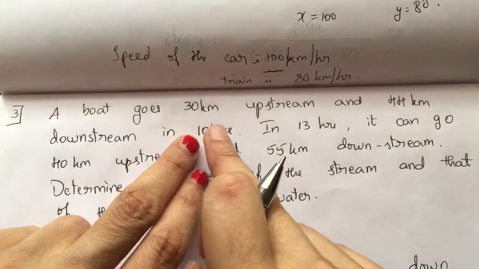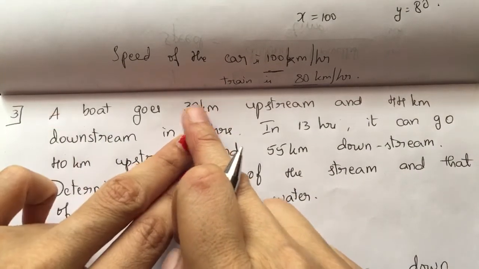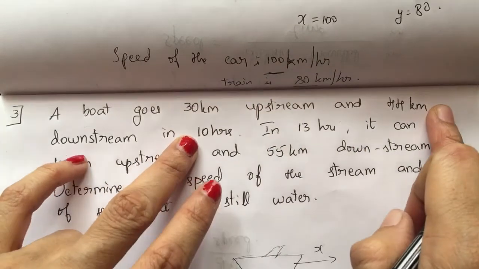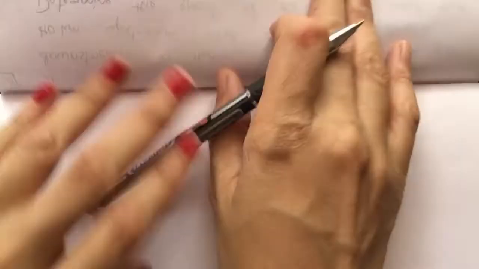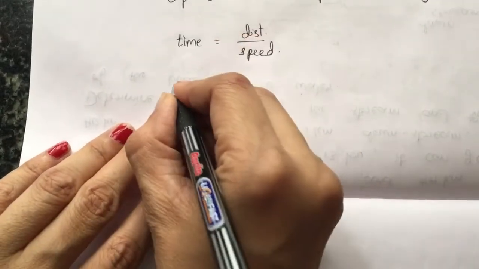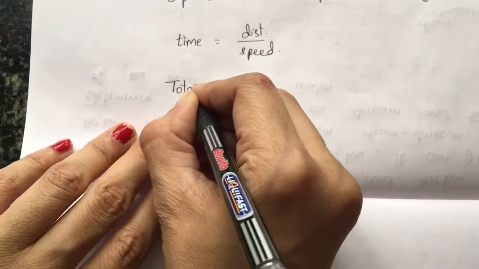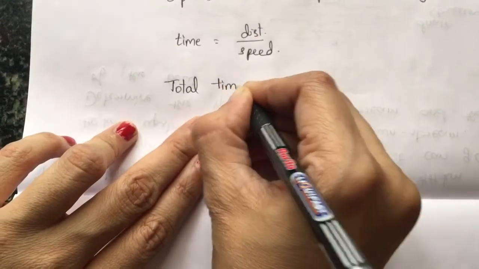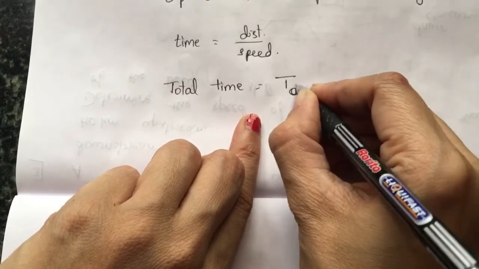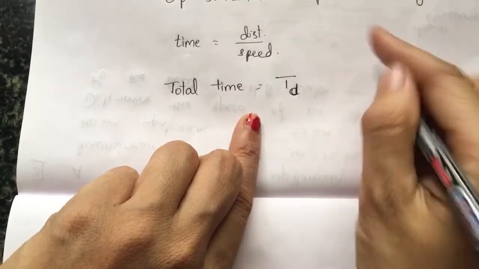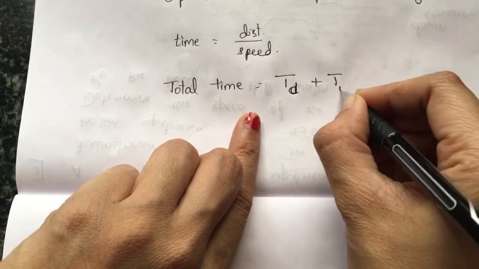It's nothing but the time taken by the boat in upstream and in downstream. That I need to add. So total time is equal to time taken in downstream plus time taken in upstream.